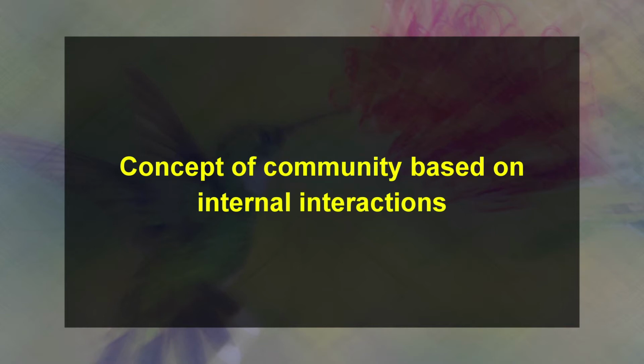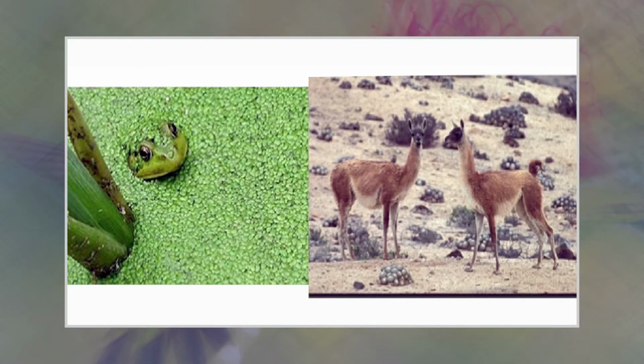Now let us know about the concept of community based on internal interactions. It was Taylor, 1988, who suggests the cybernetic, that is self-regulating feedback system conception of the community. In describing this concept, Kendeigh, 1961, asserts that a community is an aggregation of organisms which form a distinct ecological unit.